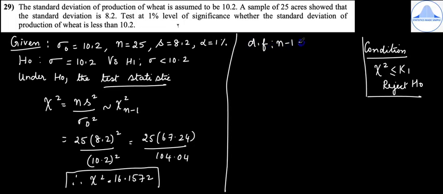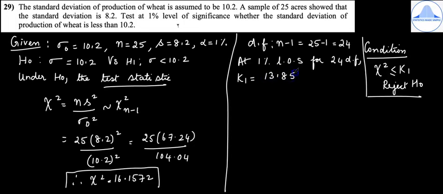Degrees of freedom is n minus 1, so 25 minus 1 is equal to 24. At 1% level of significance for 24 degrees of freedom, we have K1 is equal to 13.85.